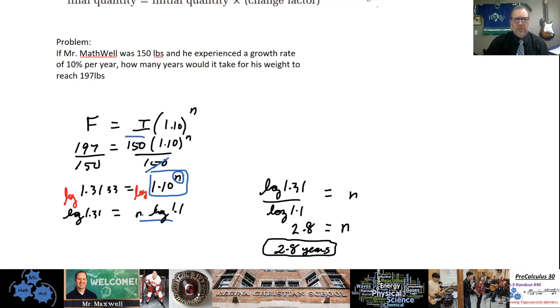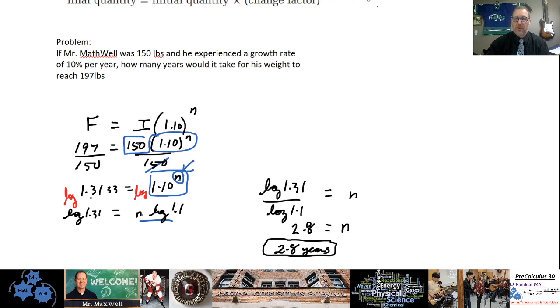So if you have a number in front of your power here, you might want to divide that off first. It's going to make things a bit easier. So just divide by 150 here, and you end up with 1.31 equals 1.1 to the power of n. Enter logarithms, because remember, we want to get this n out of the exponent position. We cannot solve for it while it's in there.